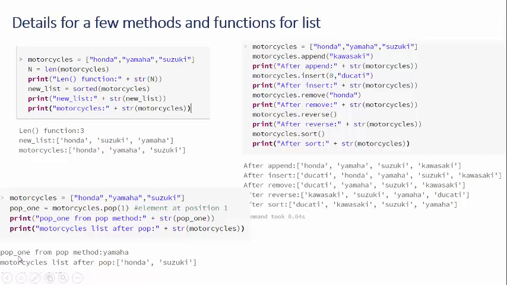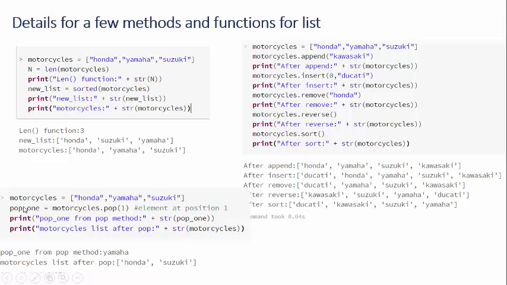So pop1 has the value of Yamaha, and motorcycles is the list, but after the pop method there are only two elements, Honda and Suzuki. Yamaha, which is at position index 1, has been removed from the motorcycles list and saved into the pop1 variable.